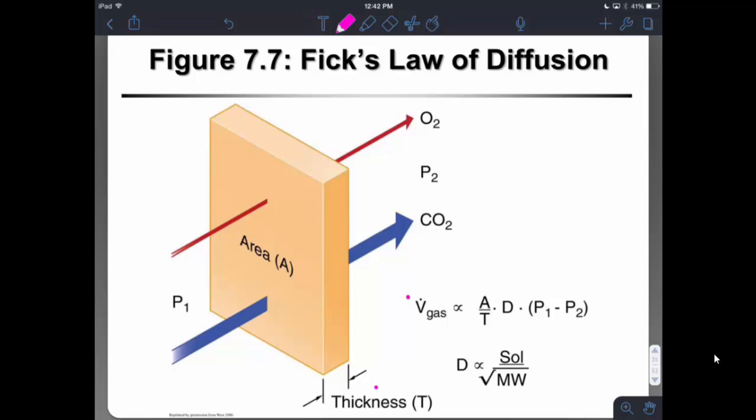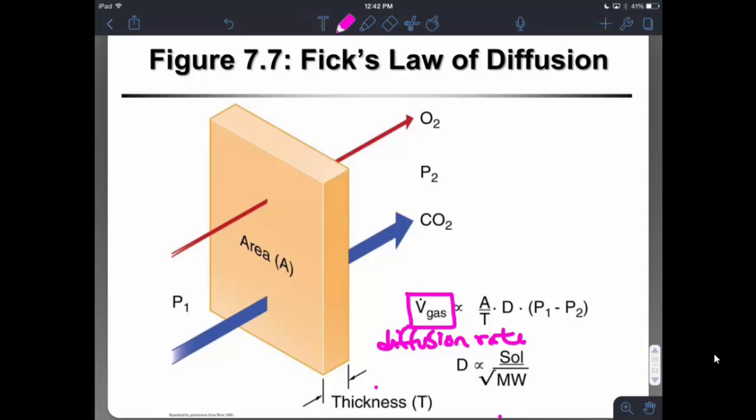Okay, so V gas is the diffusion rate. Fick explained the factors that affect the diffusion rate of a particular gas. So what are the factors that result in a gas diffusing faster or slower?